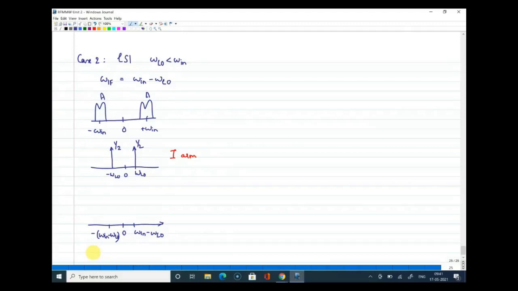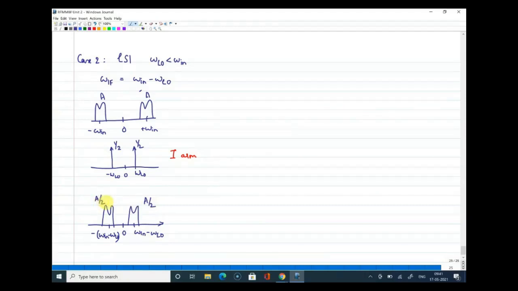In this cosine case, there will not be any change. Anyway, you will get 4 components and all will have the same amplitude. So we are just marking it as A by 2 and A by 2 on both sides.